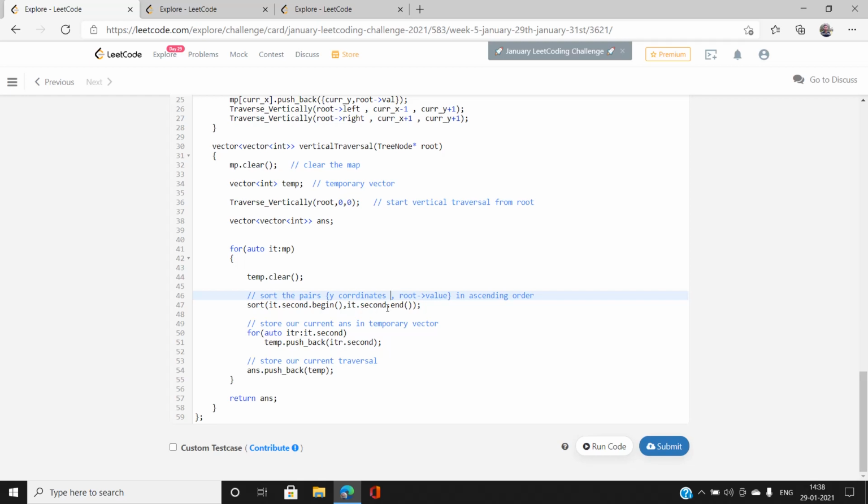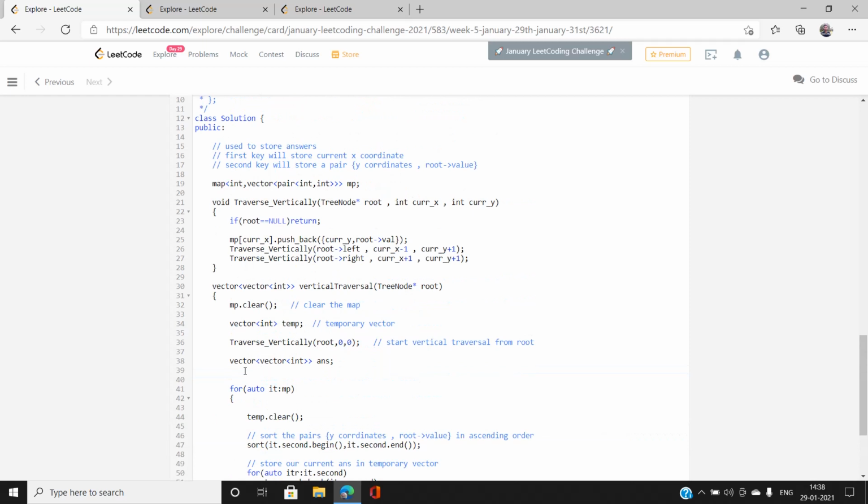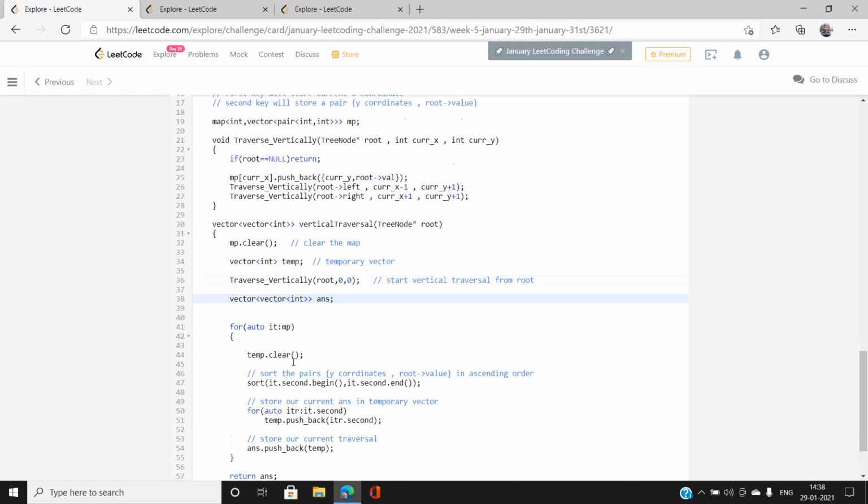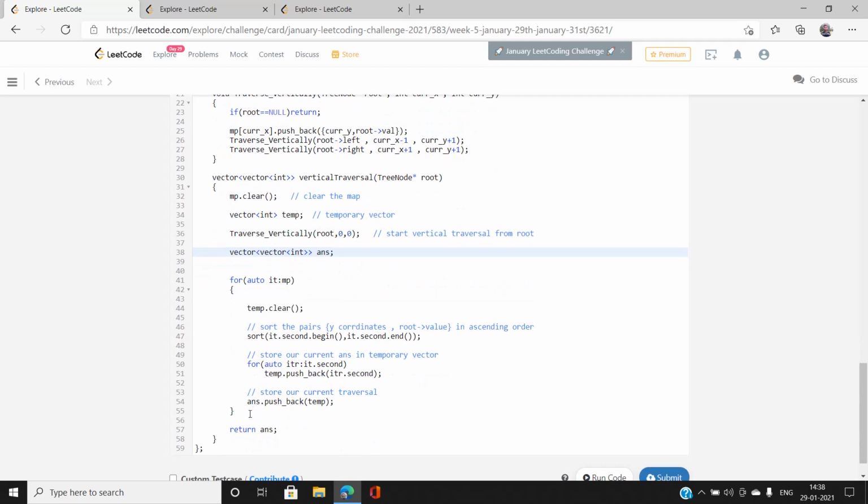So I store it in a vector, sort it first, and then push back into our temporary vector. Finally, for our current x coordinate, we push it back into our answer, which is a vector of vectors, a 2D matrix type. Now I am going to return the answer.